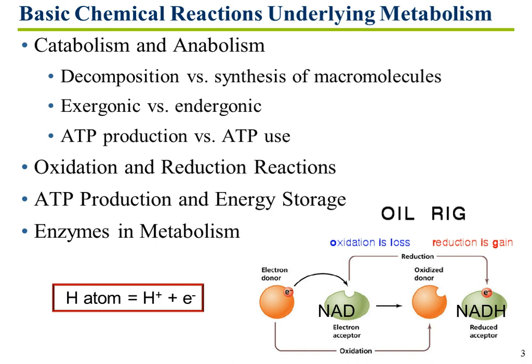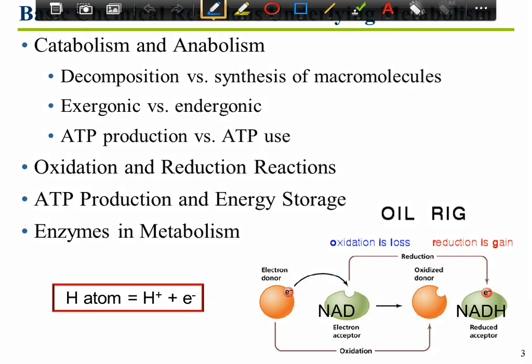That is reduction. So look at the picture down at the bottom right, and you see an electron right there, and it's going to get passed from that molecule, whatever it is. Maybe it's a glucose molecule. It gets passed to another molecule, NAD, sometimes just called NAD+.